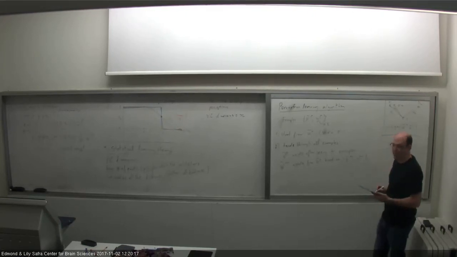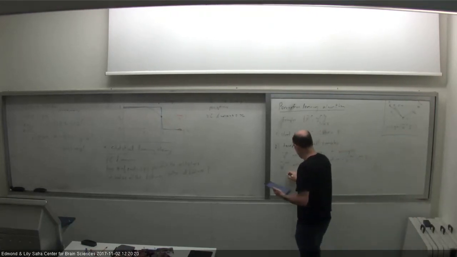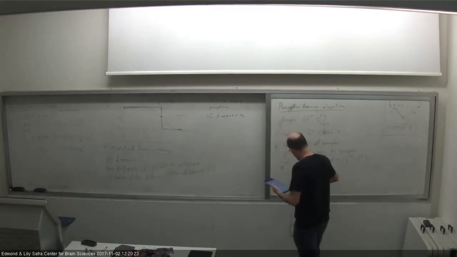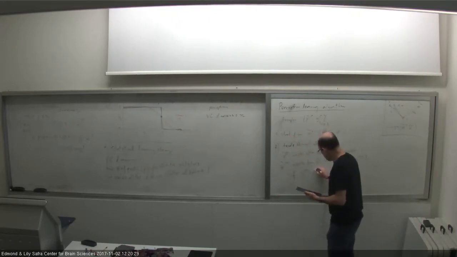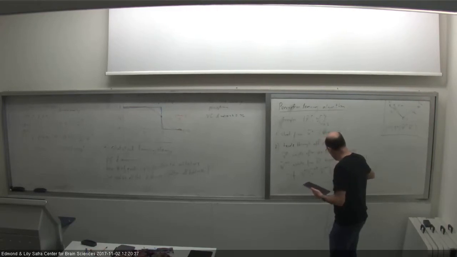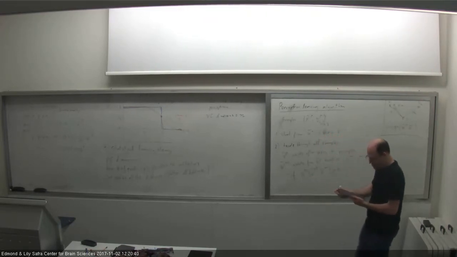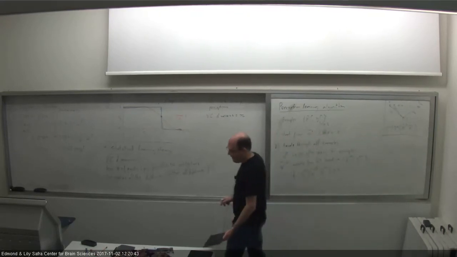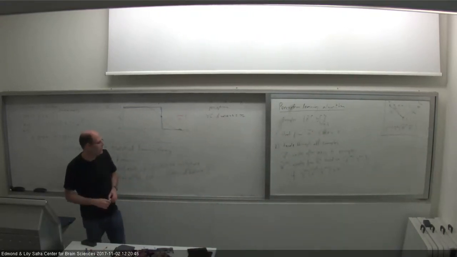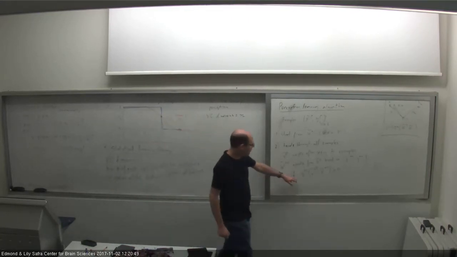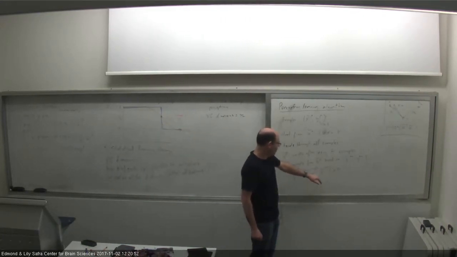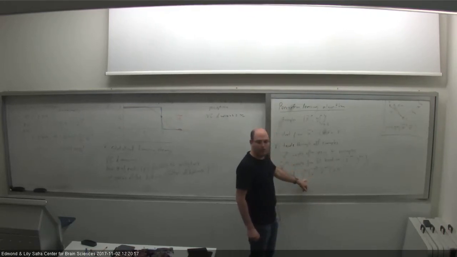And now, what is the update? So, if YT plus 1 times WT transpose times XT plus 1 is larger than 0, what does that mean? What this means is that the classification made by our perceptron with our previous weights, WT, matches the desired output.